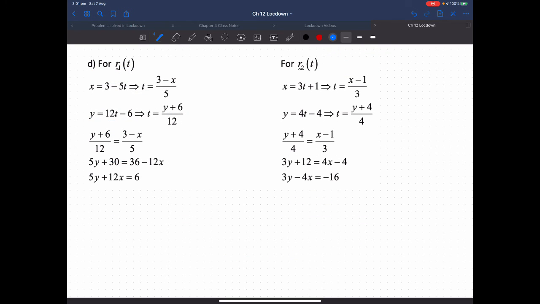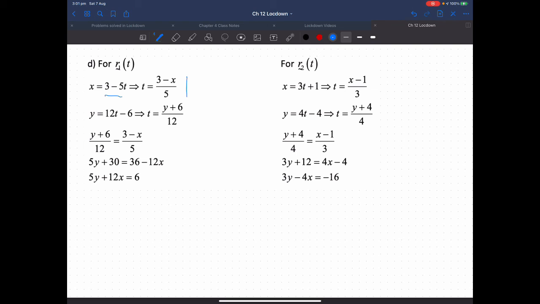The last part of the question asks us to find the Cartesian equations. So with R1t, we know x is equal to 3 minus 5t. So I can get t by itself, which gives me 3 minus x over 5.